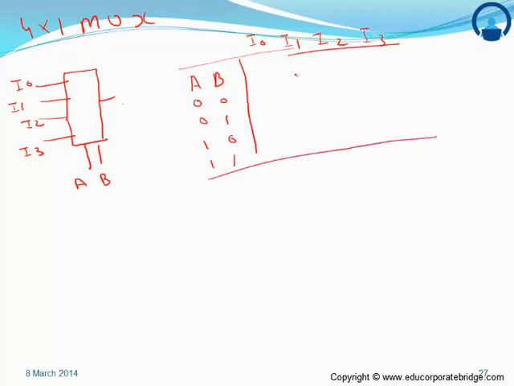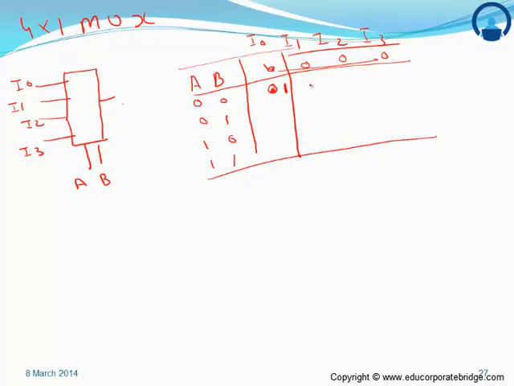Now let us take the different values of the select lines AB as 0 0, 0 1, 1 0, 1 1. For I0, I1, I2, I3: if AB are 0 0, I0 gets selected, rest all 0.